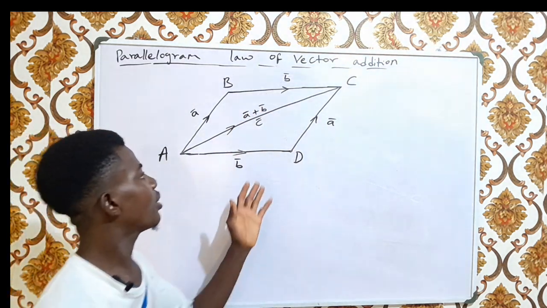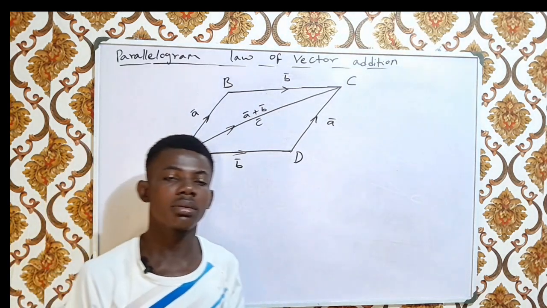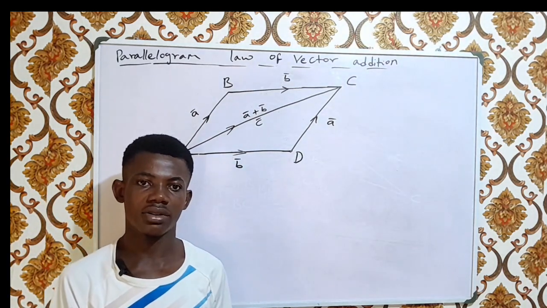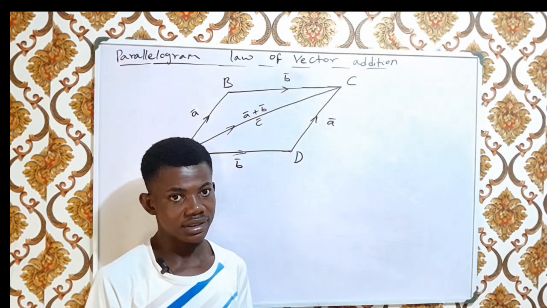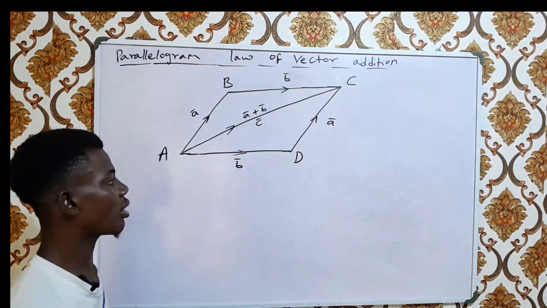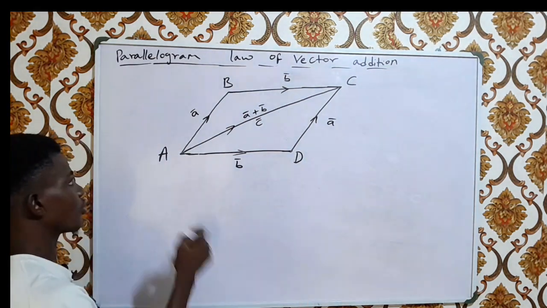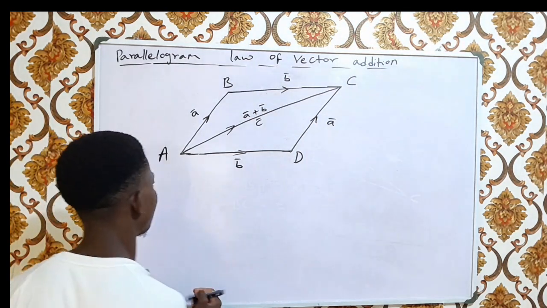So, the parallelogram law of vector addition and the triangular law of vector addition are almost the same thing. But there is something I need you to watch out for in the parallelogram law of vector addition.